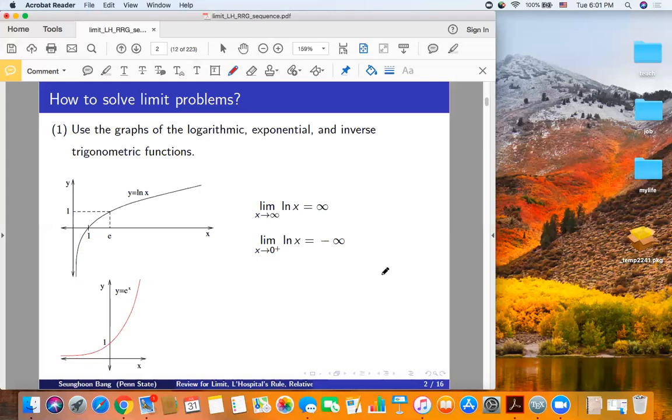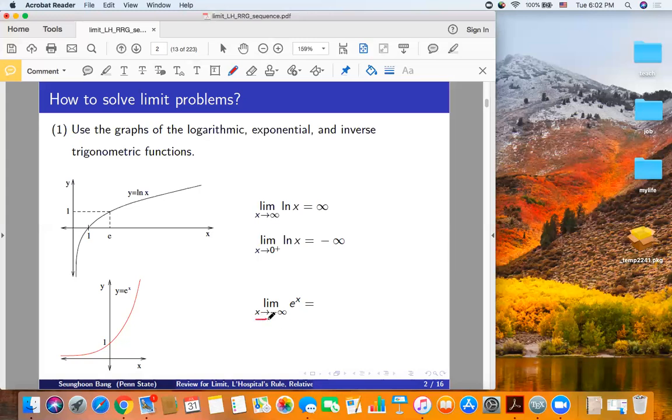Second graph, y equals e to the x, the exponential function. What is the limit of e to the x as x value approaches minus infinity? The answer is 0.